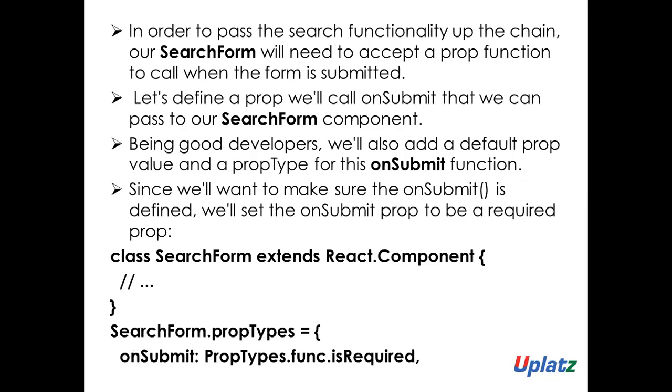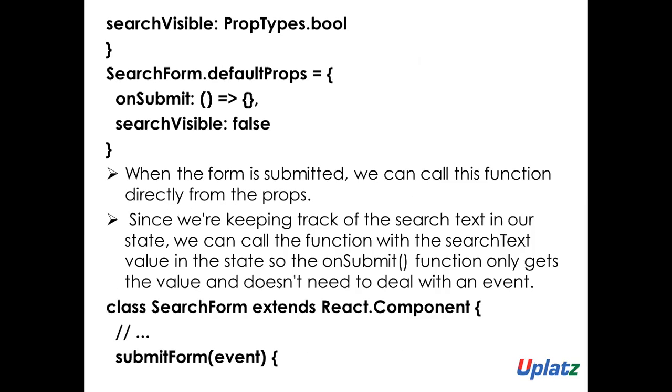SearchForm also extends the React component, and I have propTypes searchVisible PropTypes.bool, and for that searchVisible I'm making the default props false. When the form gets submitted, we can call this function directly from the props. Since we keep tracking in our state, we can call the function with the search text value in the state, so the onSubmit function only gets the value and does not need to deal with the particular event.